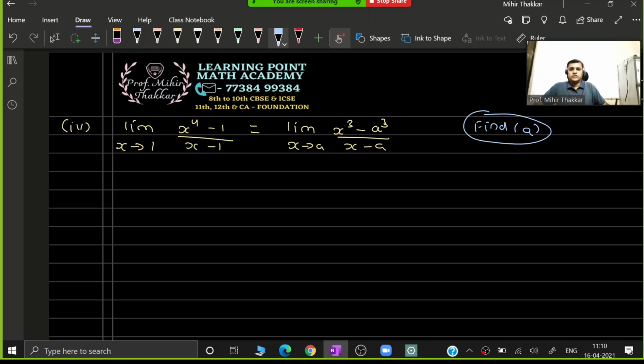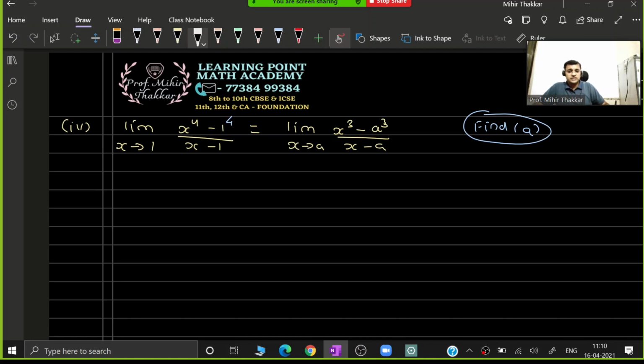So what should we do in this particular case? Let's understand. The left hand side as well as the right hand side, both sides you have to apply the same formula. On the left hand side you are given x raised to 4 minus 1. I can consider it to be 1 raised to 4 because any number in the power 1 does not make any difference to it.